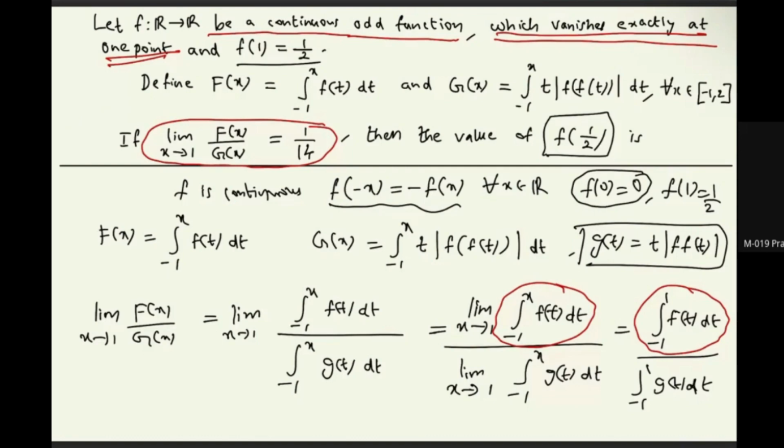By the fundamental theorem of calculus, since f is continuous, this thing is actually differentiable. That's what the fundamental theorem of calculus is. So in particular, this is continuous. So the limit as x tends to 1 is the integral from minus 1 to 1 of f of t, means putting x equal to 1. You got the point. We are using the fact that this function is continuous. In fact, it is differentiable, but because of continuity, you can say that. Similarly for the denominator. That is why you can write it.